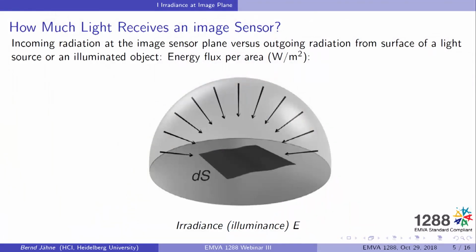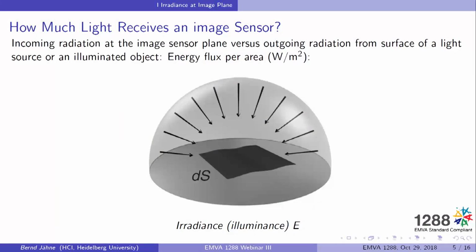And so this time we describe this as an energy flux per area, that means watt per square meter. And this quantity has a different name. It's called irradiance, or the photometric term is illuminance, E. So that is actually the irradiance at the image plane we are seeking.